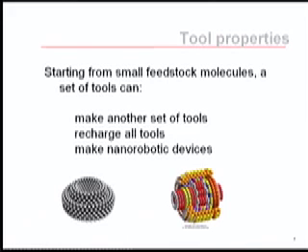You can use those molecular tools to recharge that full set of molecular tools. And you can also use that set of molecular tools to make a wide range of nanorobotic devices.